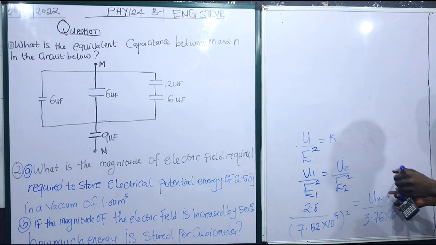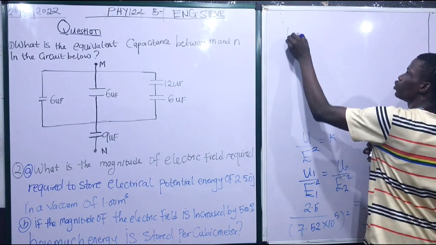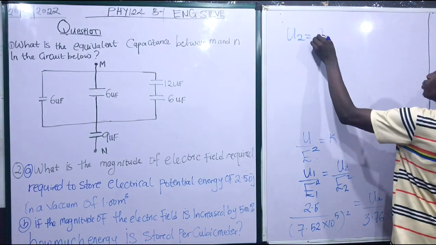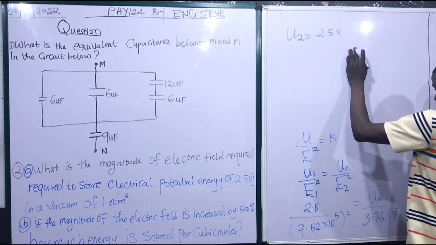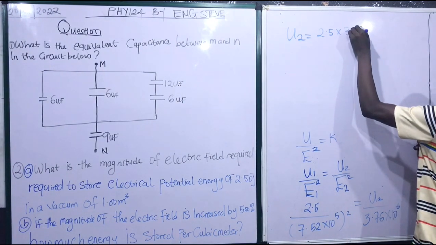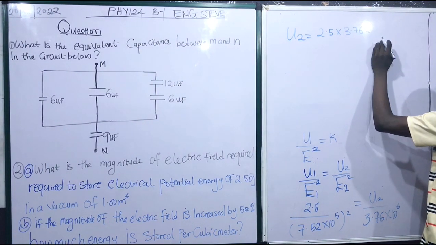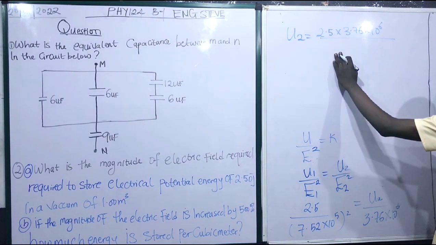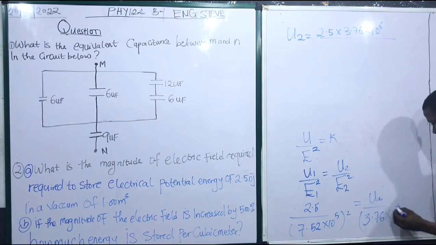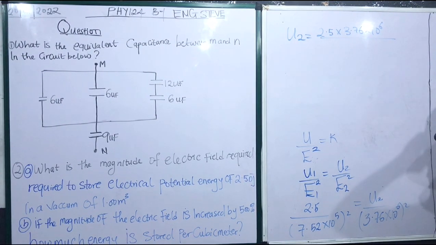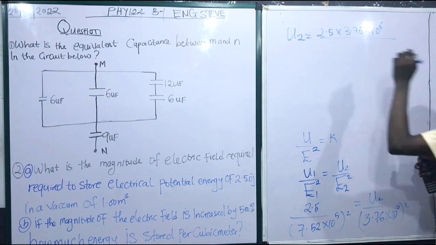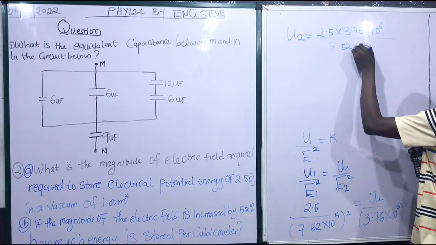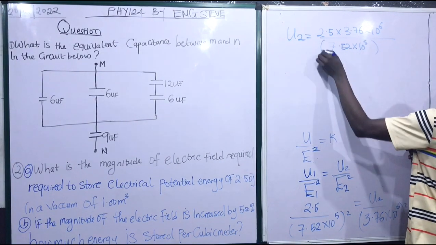So if I make our U2 the subject of the formula, our U2 will therefore be equal to our 2.5 times 3.76 times 10 raised to power 6, remember this one is squared, divided by our 7.52 times 10 raised to power 5 all squared.